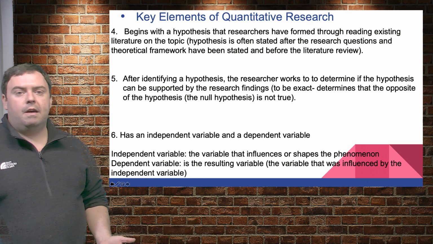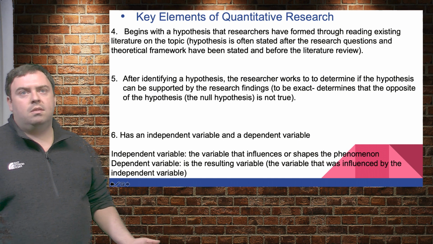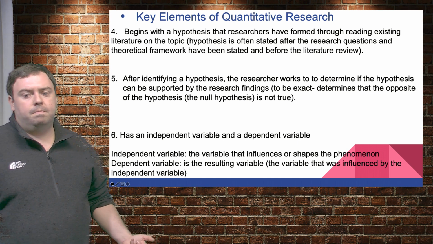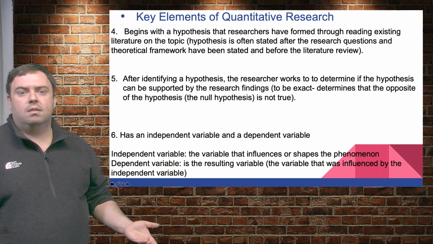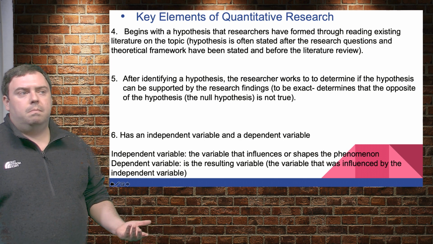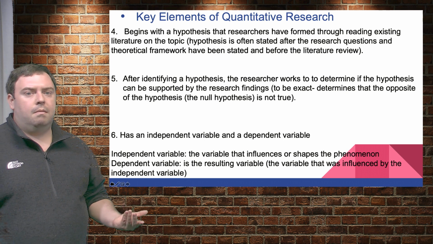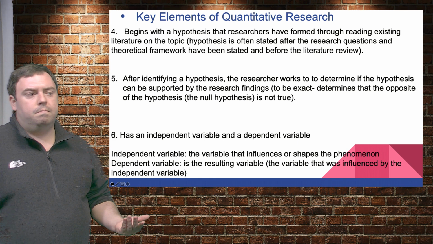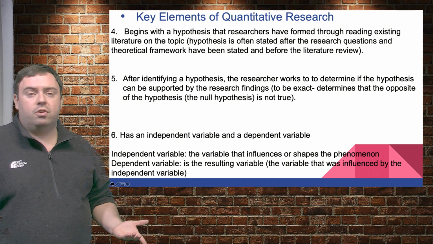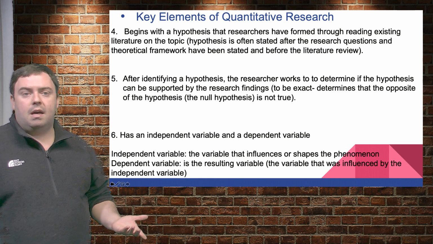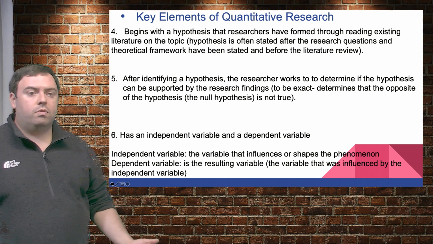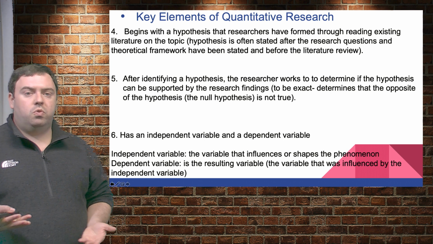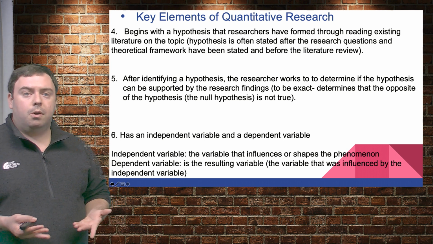It could be income level, years of experience, level of satisfaction, level of confidence, or health factors, like someone's BMI or their cholesterol levels. All of those are variables that could change between people. It depends on the person.